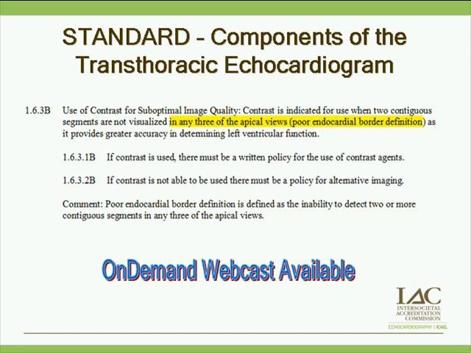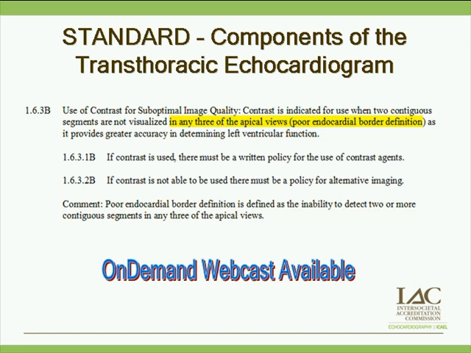Now, for any reason, if your laboratory does not use contrast, you have to have a policy in place for alternative imaging. So if you have a very technically difficult patient and you can't get that good endocardial border definition, you have to have a policy in place on what you're going to do. Are you going to suggest a TEE or some other imaging exam?